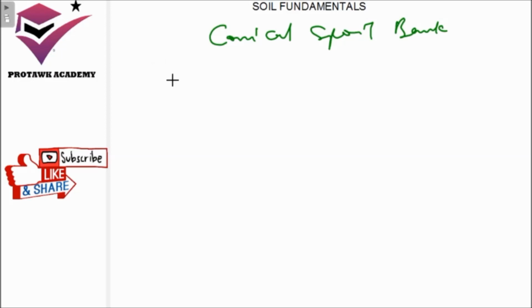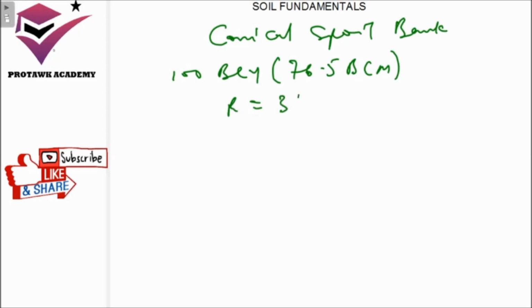So we are given 100 BCY, bank cubic yards, or equivalent of 76.5 BCM, bank cubic meters, of excavation. The angle of repose is given as 32 degrees, and the swell is given as 12%.